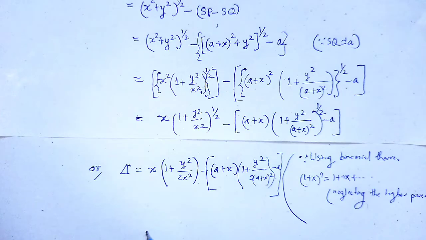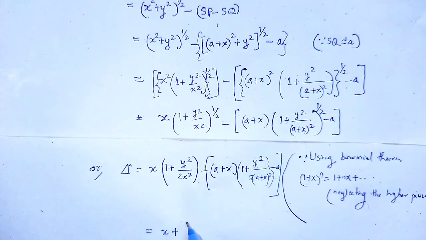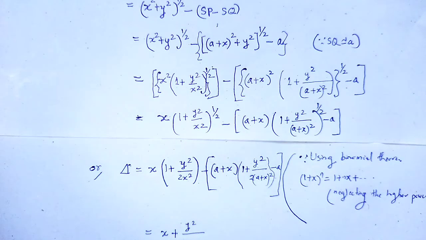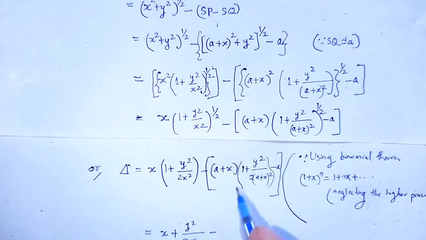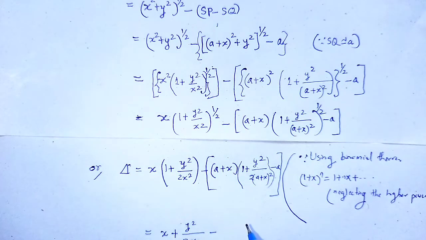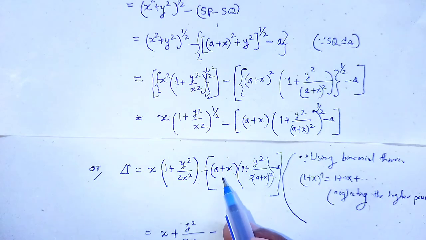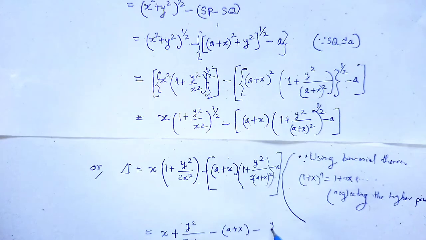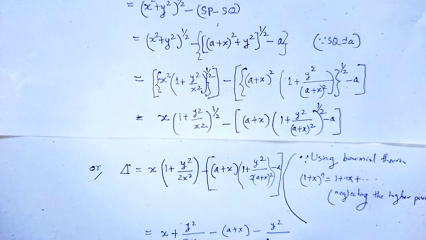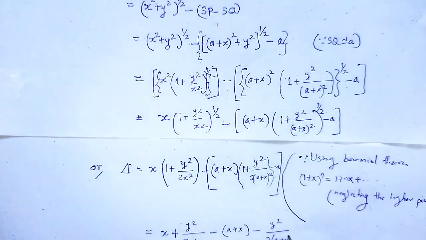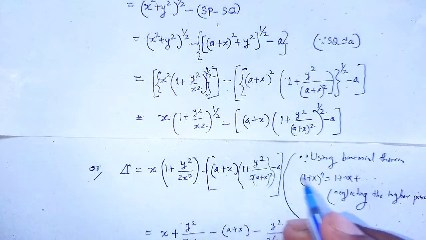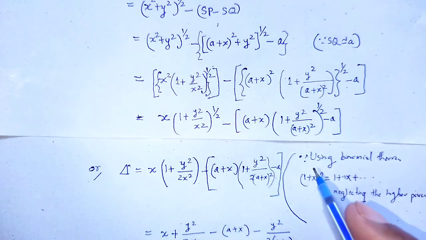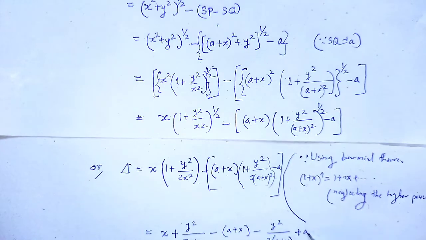Now simplifying, we have x plus y square divided by 2x, minus a plus x, minus y square divided by 2 times a plus x, plus a.